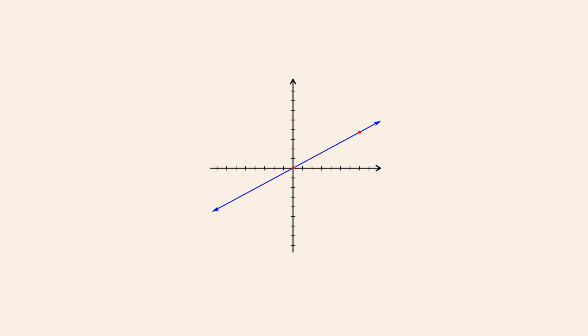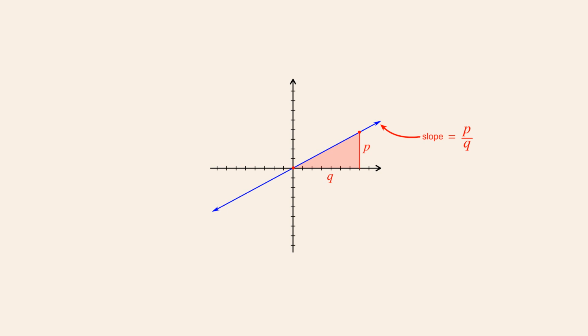The slope is equal to the difference in the 2 points' vertical positions divided by the difference in their horizontal positions. Traveling from the left point to the right point, let's call the difference in vertical positions P and the difference in horizontal positions Q. So the slope of the line is P over Q.